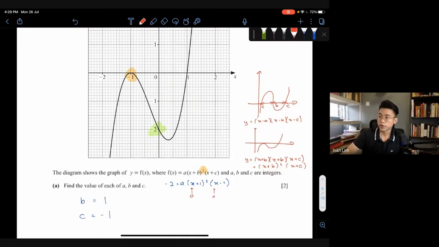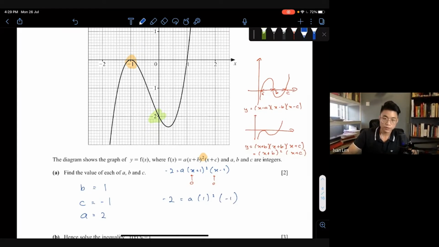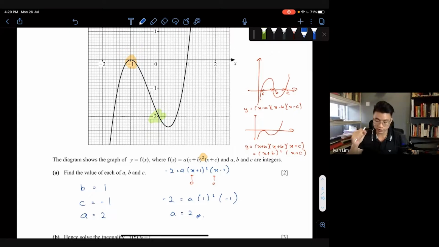You'll get a equals to 2. So the equation is -2 equals a times 1 squared times -1. Then you get a equals to 2. So for this question, you have to find what is your b, what's your c first, then only you can find what's your a.